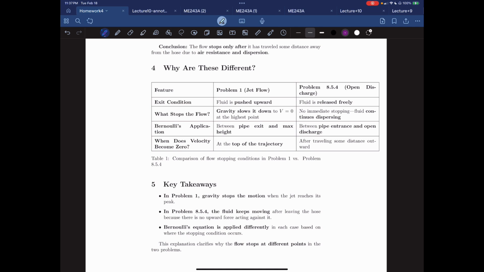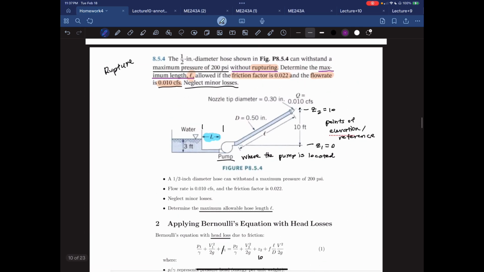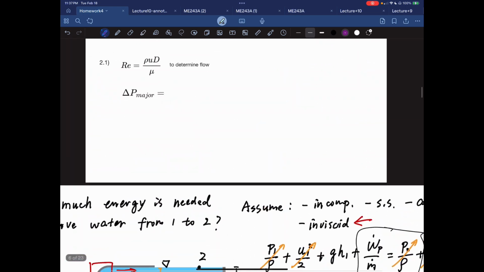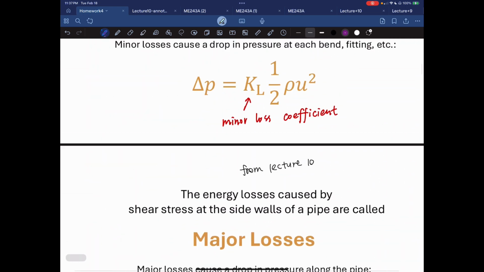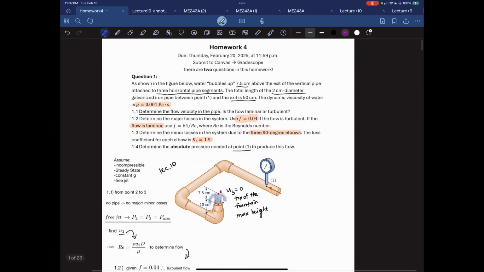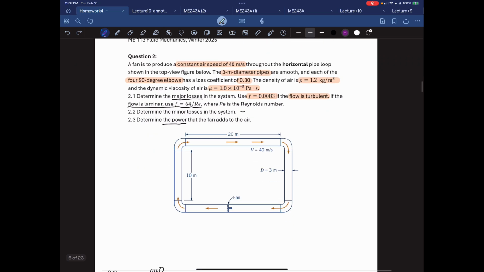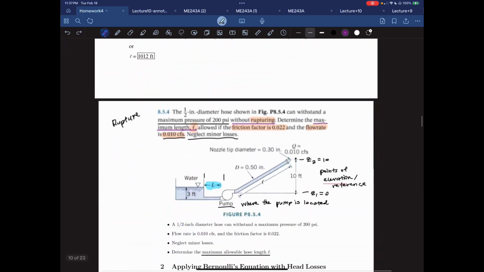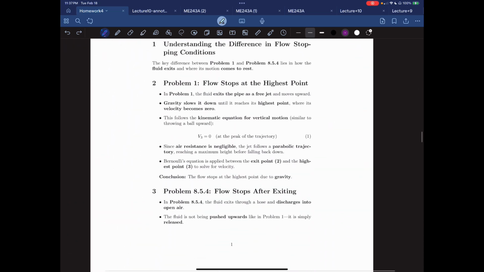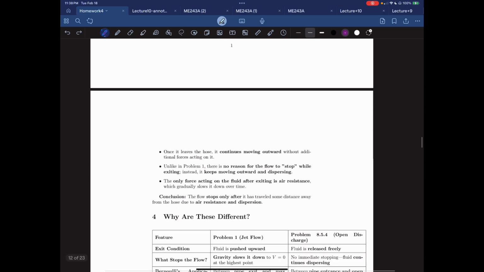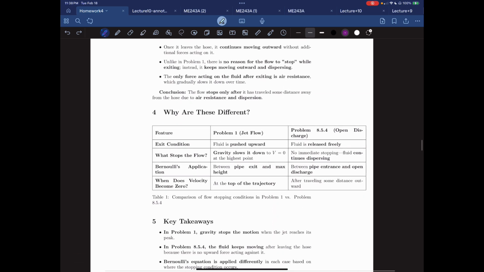So fluid is released freely, but in problem 1 of homework, fluid was pushed upward. That's why it was free jet. So it's going up. And this time it's released freely, so the hose is like that, and problem 1 was just straight up gushing out.